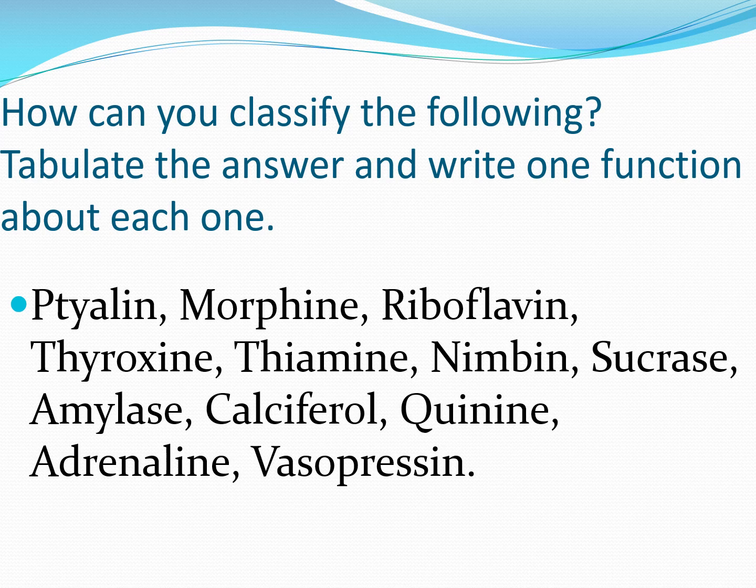Sucrase is present in small intestine, produced from intestinal glands. Sucrase converts sucrose into glucose and fructose. Sucrose is a disaccharide converted into two monosaccharides, glucose and fructose.